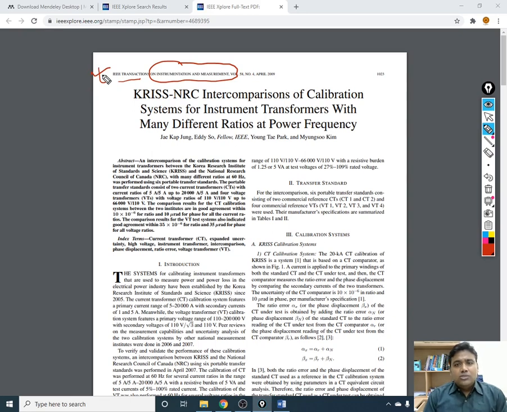So just see your area of research and choose one of the journals for it. Now you have to read the title first to understand whether it belongs to your area of research or not. Since you have given transformer in the search field, the title is shown as transformer. Now here they are talking about some intercomparison of calibration techniques.